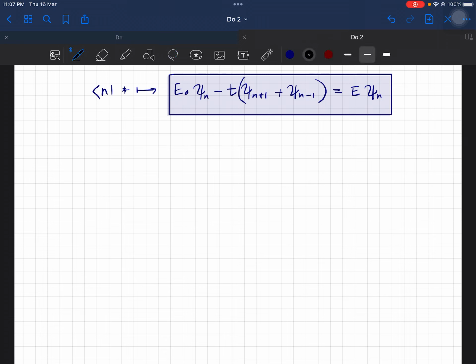Yeah, so this is a linear equation on psi n, and this is usually solved using an ansatz like psi n equals e to the i k n a.